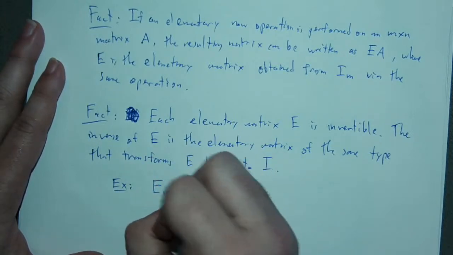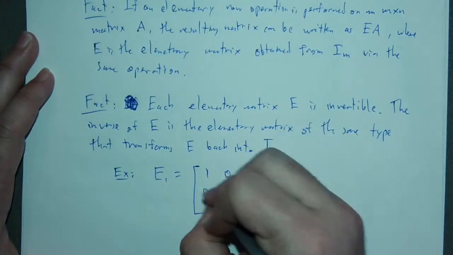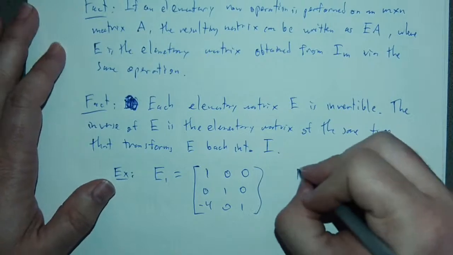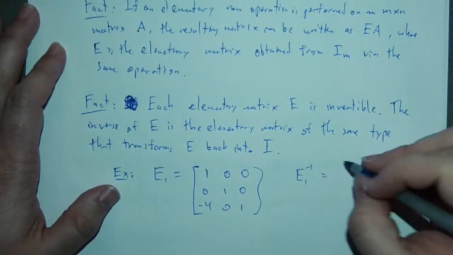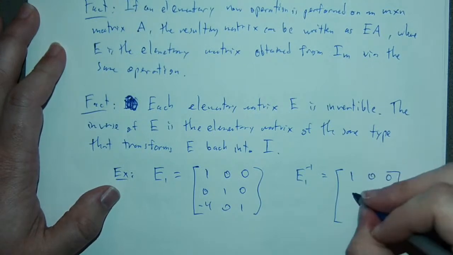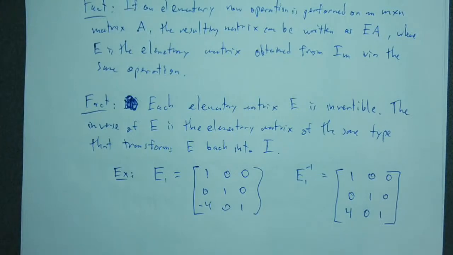E sub 1 was the elementary matrix 1, 0, 0, 0, 1, 0, minus 4, 0, 1. E sub 1 inverse is the elementary matrix 1, 0, 0, 0, 1, 0, 4, 0, 1.